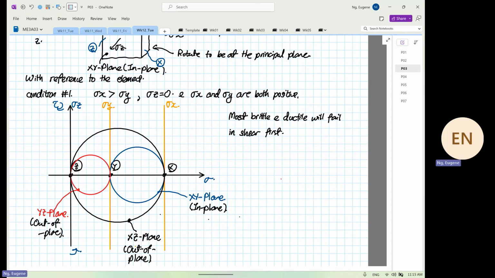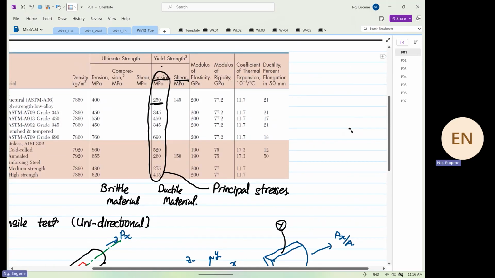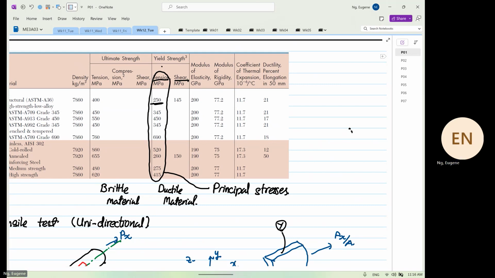Some of you may ask me, Eugene, is there any evidence of this? If you look back into our table, can someone say something about the shear stress and the tensile stress? Which is lower? Shear. So that is why your material will fail in shear first. Brittle material cannot stand shear. They'll fail even quicker. Are we clear?